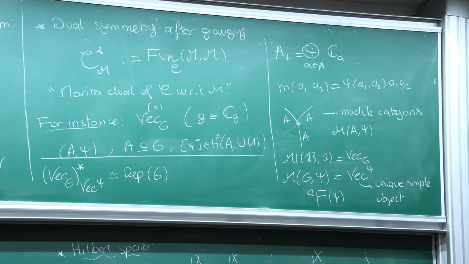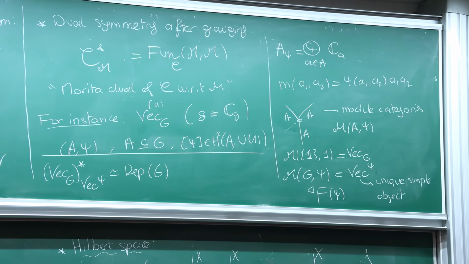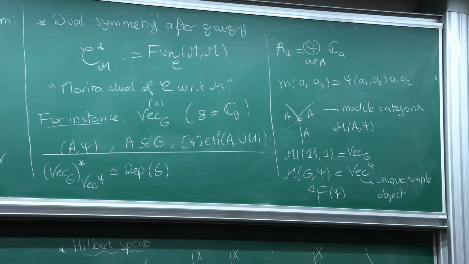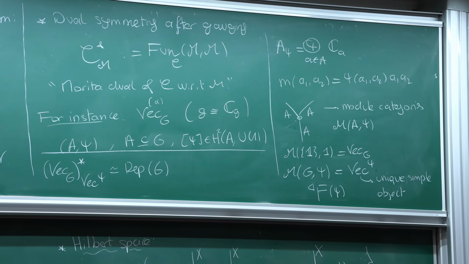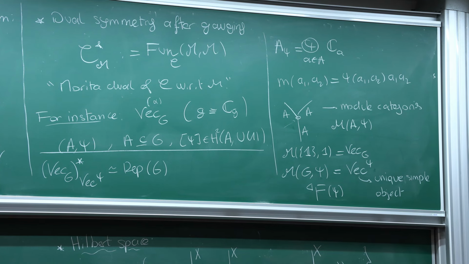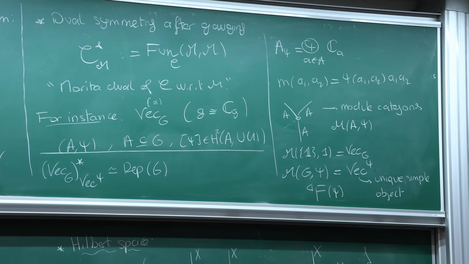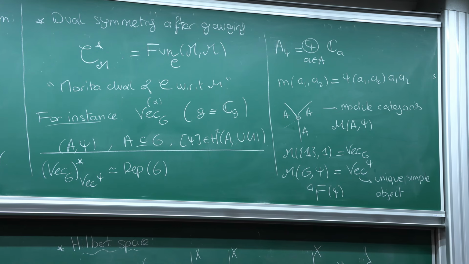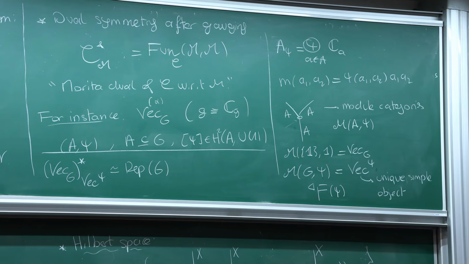So it has a unique object. I wrote the psi because it's also a module category in that case, and the F symbols of the module category depend on this choice of psi. So I just put a psi to keep track of it, but it's just vec. So when I put just vec, it means there is a unique simple object. It's just the one-dimensional vector space. So I prefer not to draw a line explicitly.